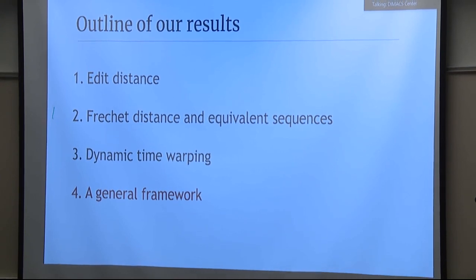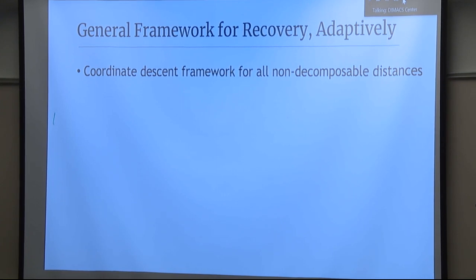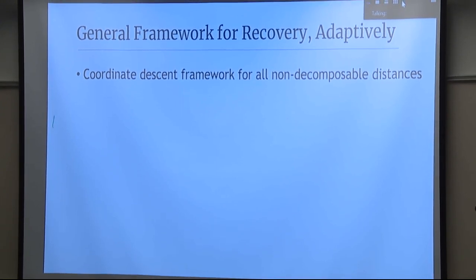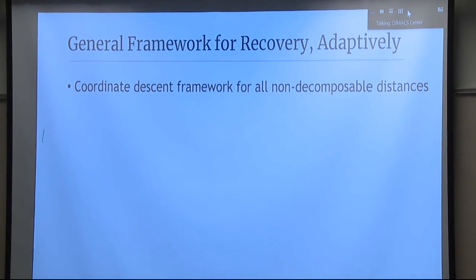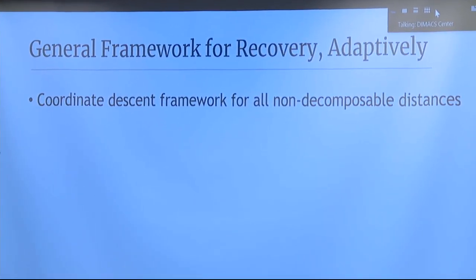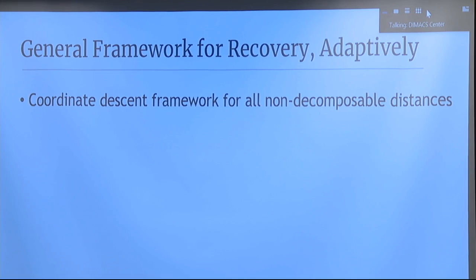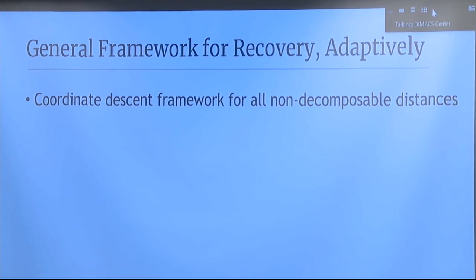Let me say one more thing. There are many distance functions I didn't mention here. Maybe you're working on Earth mover distance or something else. One way to get initial bounds is to cast them in a coordinate descent framework.